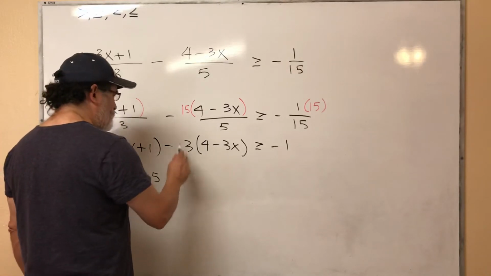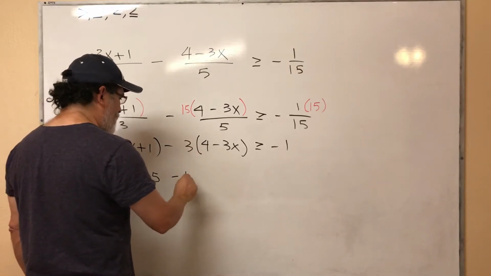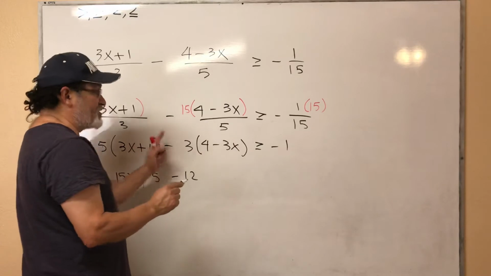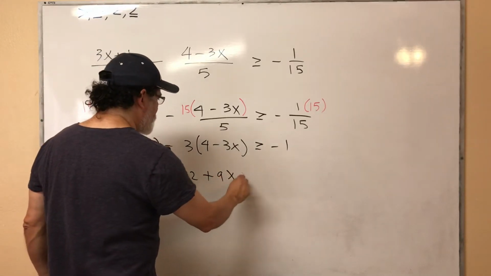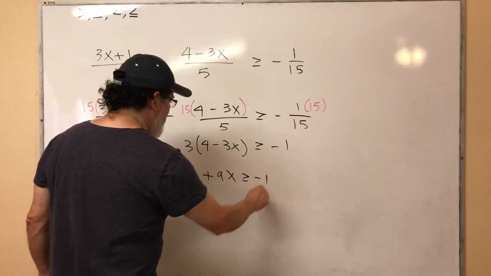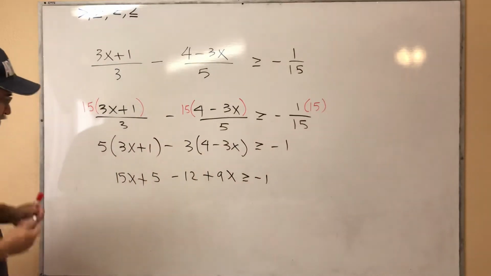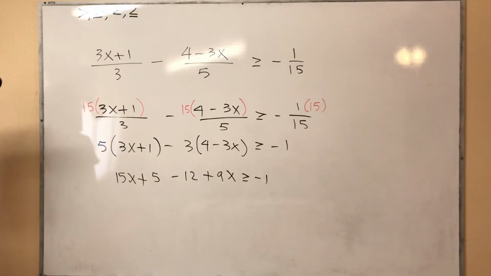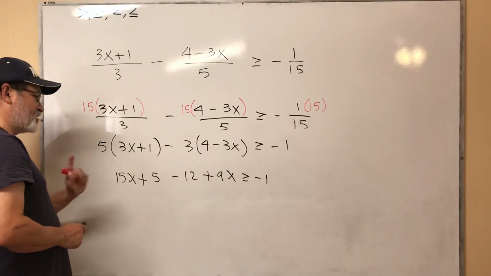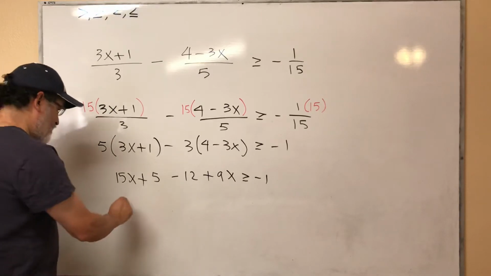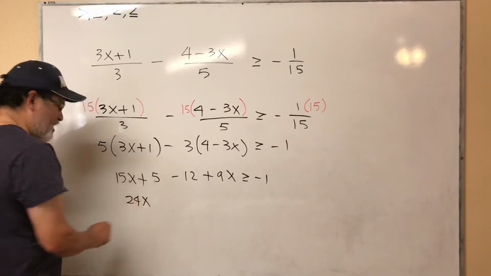So minus was negative 3 times 4, negative 12. And what's negative 3 times a negative? Plus 9x, greater than or equal to negative 1. Combine like terms. Yes, we can. And 15x plus 9x is what? 24x.